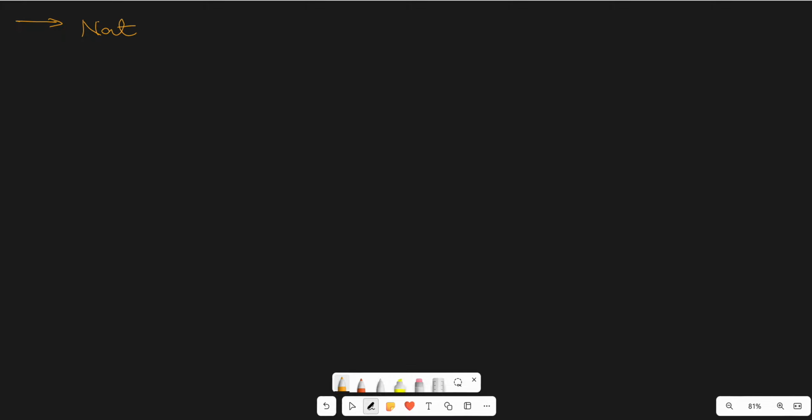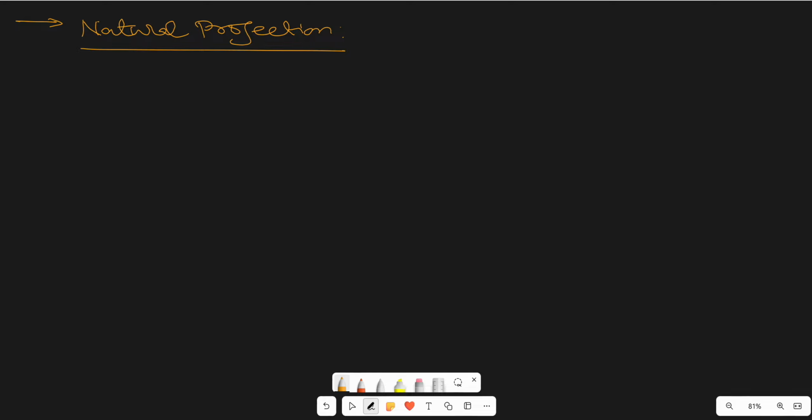Natural... my speed is suffering if I go for the handwriting, then my speed is a little bit slow. So anyways, what is a natural projection?